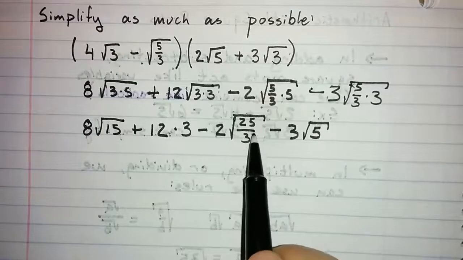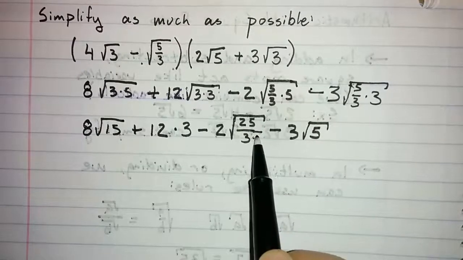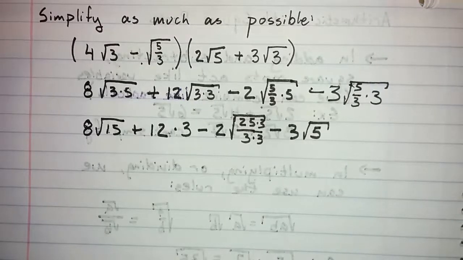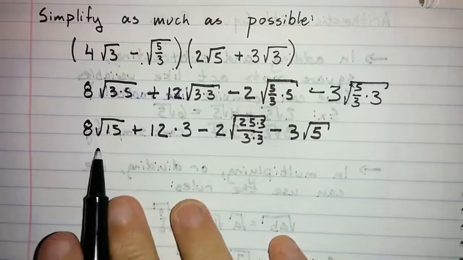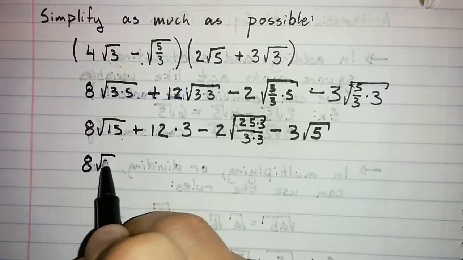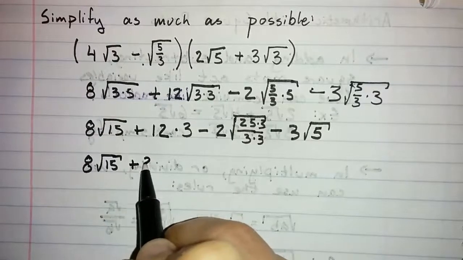All right. Now here I want to make my denominator a perfect square so I can simplify. I'll multiply my numerator and denominator both by 3. So 8 root 15 stays put. 12 times 3 is 36.